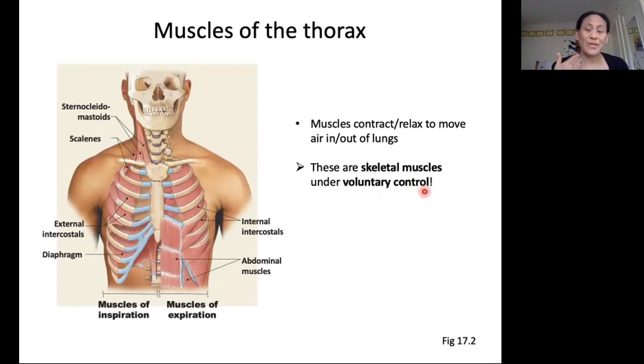You were able to have control over your breathing there. It's sometimes hard to remember that the respiratory muscles are skeletal muscles because you do it so automatically, but it is under voluntary control.